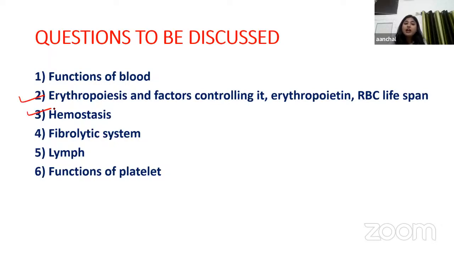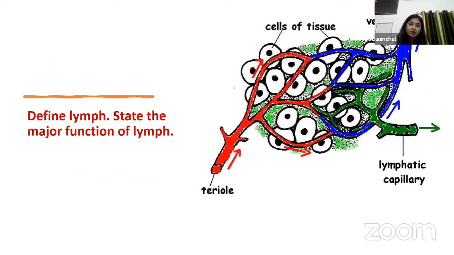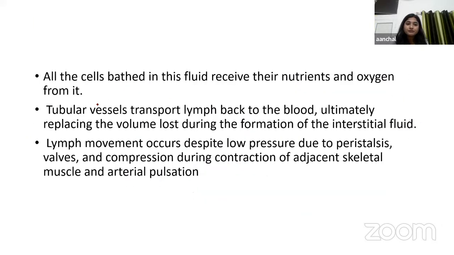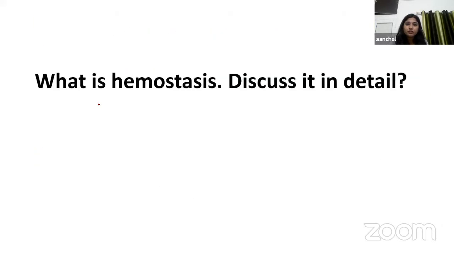Then the third one we have is hemostasis. In hemostasis, the question can come like this: what is hemostasis, and discuss it in detail. So now we will learn what is hemostasis and why this is very important, right?